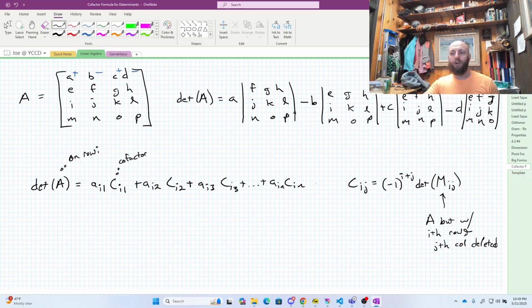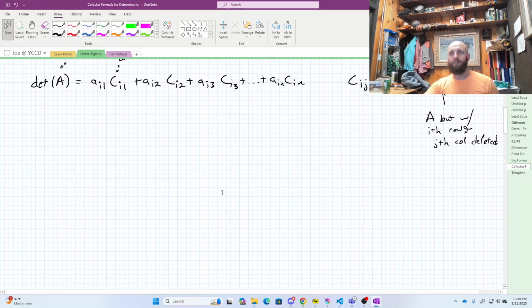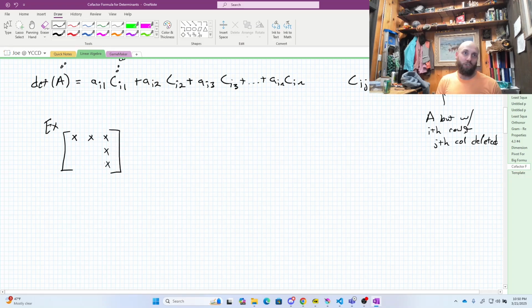So let me do a real quick example. So here's a real quick example. I've got a matrix that's got, I don't know, some number x in these positions, and then zeros otherwise. Now, I'm just going to go ahead and pick the first column here, and I'm just going to put my signs up here to remind myself.